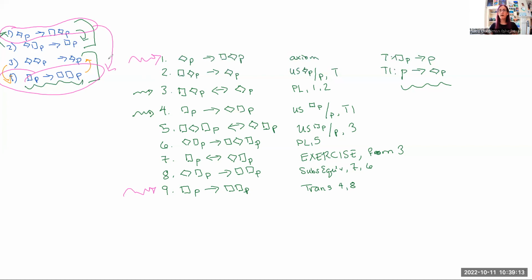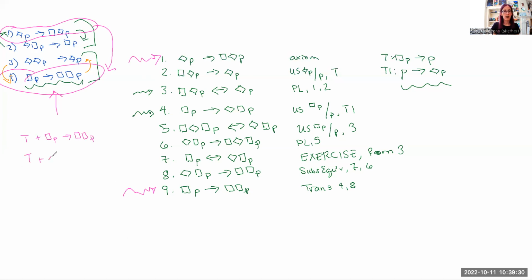But this means that we've got 2 things that we can look at. We can add this to system T, so T plus possibly P implies necessarily possibly P, and that will get us one system.